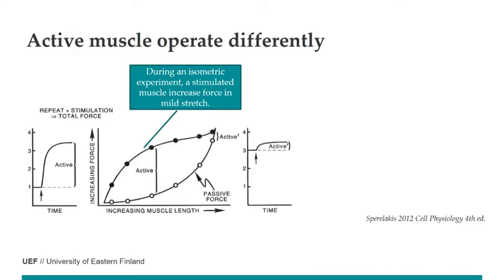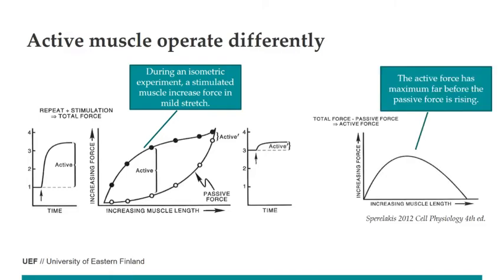And the maximum is somewhere between the extreme length and the very low length. And if you are comparing them, you can measure the active force, and it is somewhere before the passive force is really rising.